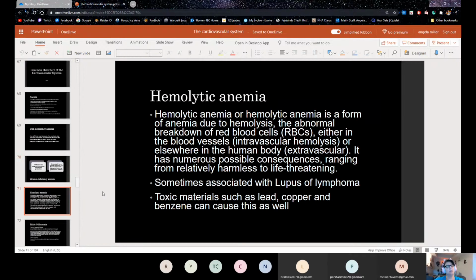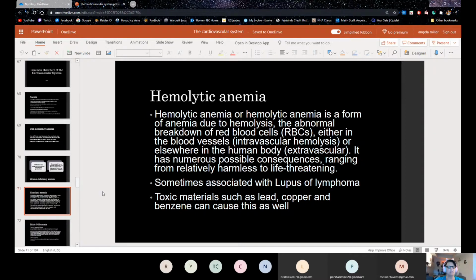And then there's something called hemolytic. Now, if you remember when we talked micro, I talked about how the blood cells, when they hit bacteria, when we put them on a blood agar, they would hemolyze. And remember, that means that they burst. Well, hemolytic anemia is a type of anemia that causes the blood to hemolyze.